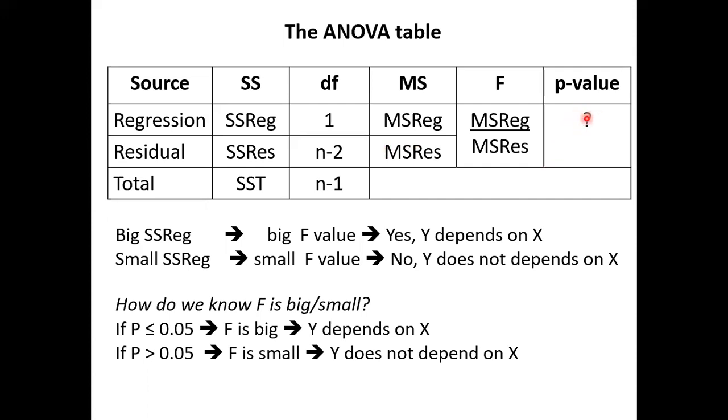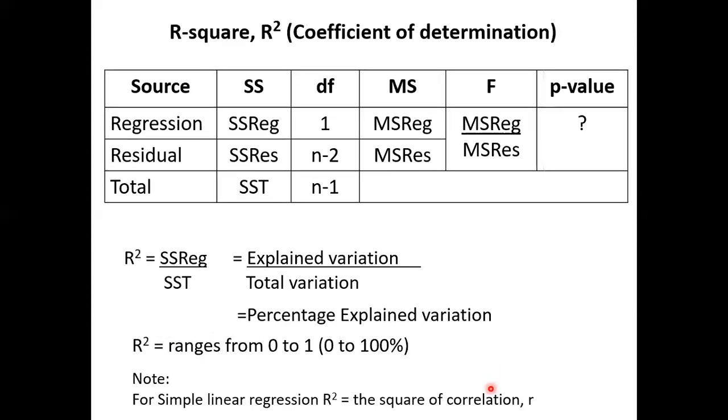When the p-value is more than 0.05, then I say y does not depend on x. Follow this. So ask the question, does y depend on x? Put the ANOVA table, read the p-value. If it is less than 0.05, we say yes. More than 0.05, no. Right?